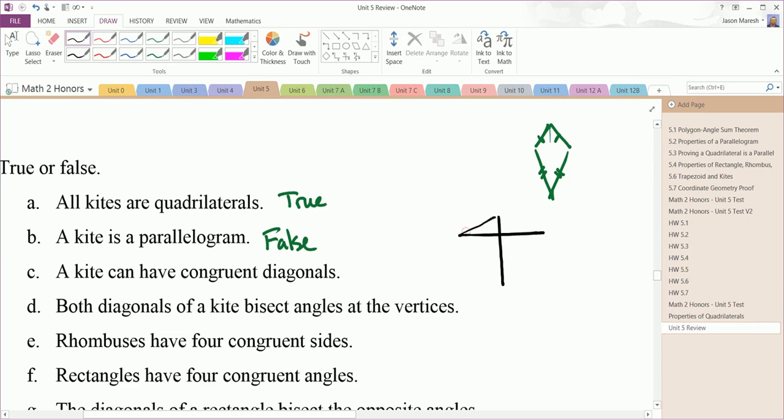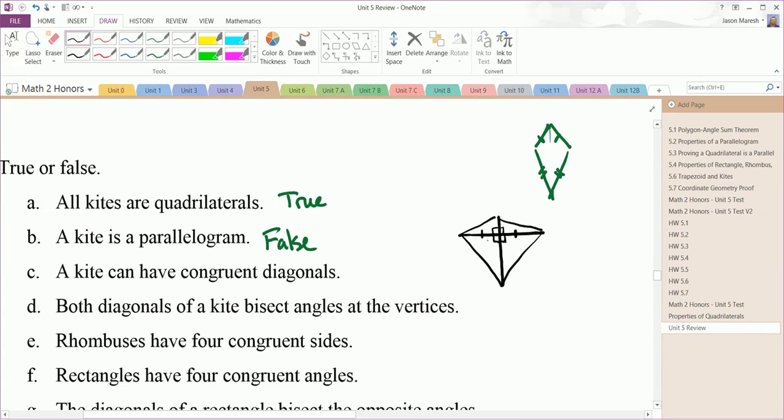Then you're going to get a kite shape. These cross at 90-degree angles, so all these are right triangles. This one's going to be bisected, but the other one will not be.